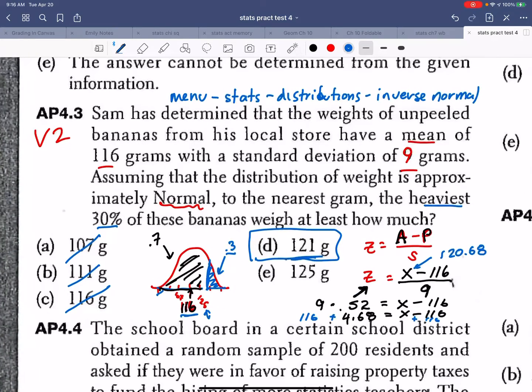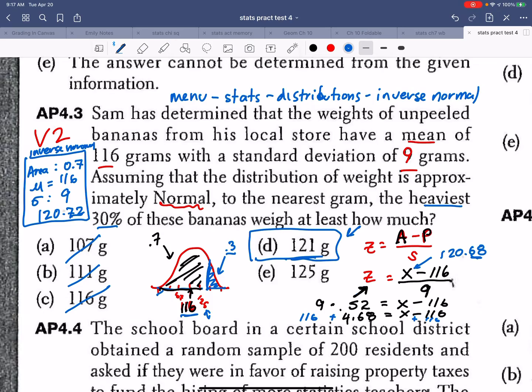So we get a screen where it says area for your inverse normal. Our area is 0.7. Mu, they gave me in the problem, 116. Standard deviation they gave us was 9. My calculator gives the answer 120.72. So you notice by doing it by hand, you get a slightly different answer. In both situations, I'm going to get D.